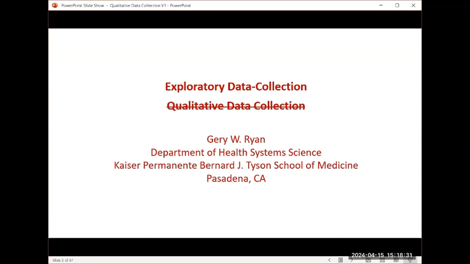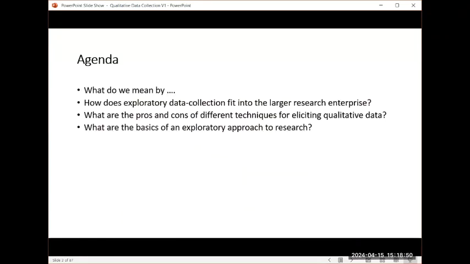We will get to the point where we talk about data collection techniques, but I want to put this in context, so that when you think about the trade-offs between one technique or another, you have some basis from which to jump. We're going to do a little linguistics of methodology.